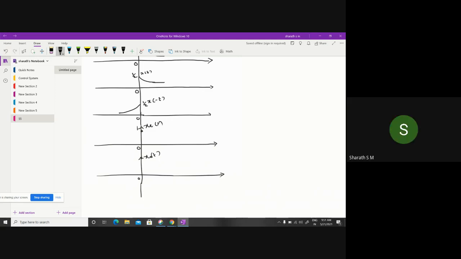From 0 to infinity, what signal is there? Sir, there is a decaying signal. A decaying signal on this side, and what is there on the other side, in x of minus t?